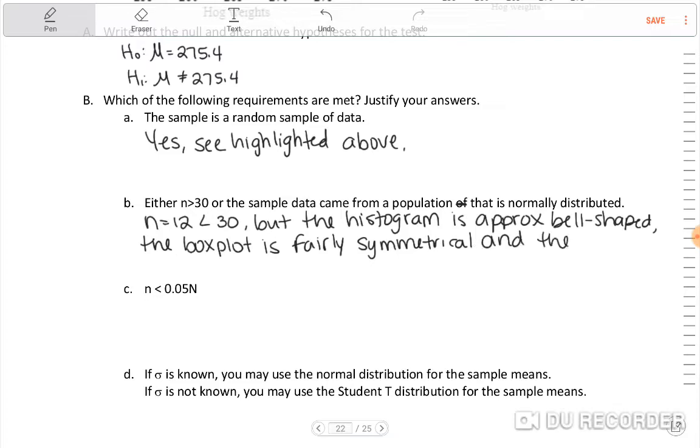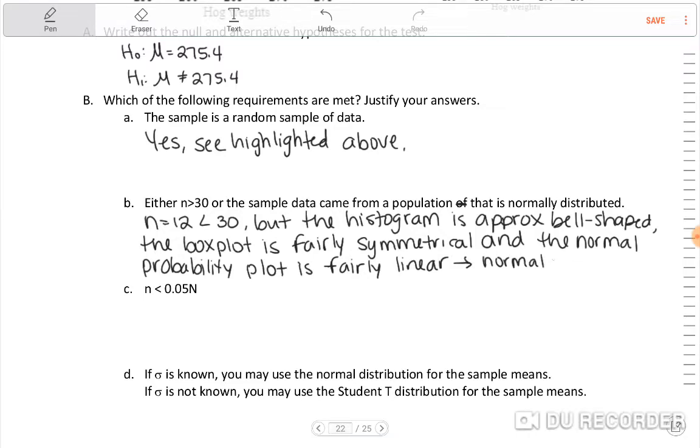And the normal probability plot is fairly linear. So, normally distributed. Okay. So that's what I would say on this one.